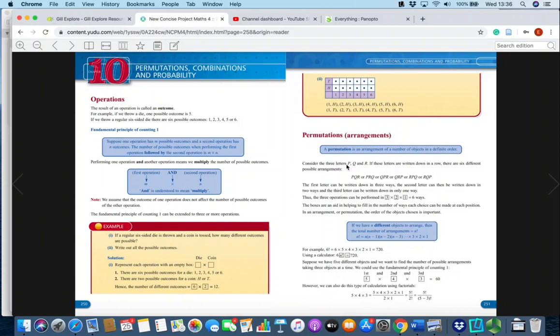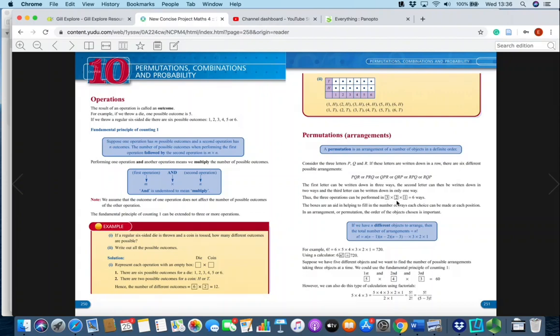Or you can do it as in how many options did I have for my first letter? Well, I had 3. I had either P or Q or R. Then we put one of those letters in place. How many options did I have for the choice of second letter? Well, I was down to 2 because one of the letters is fixed in position 1.